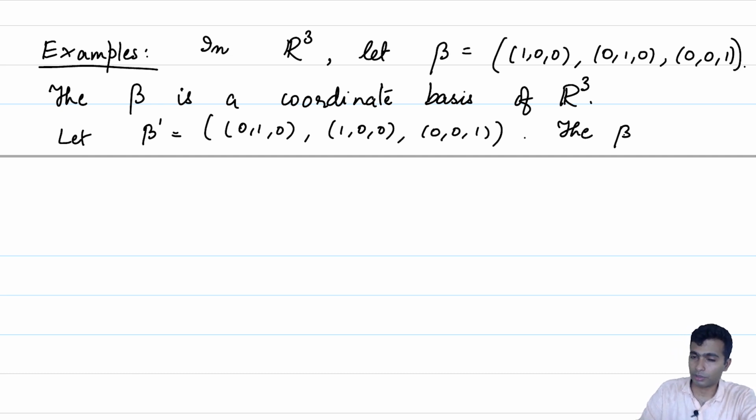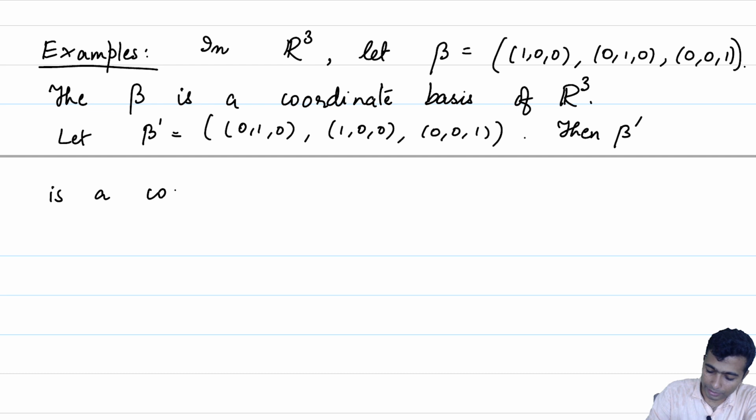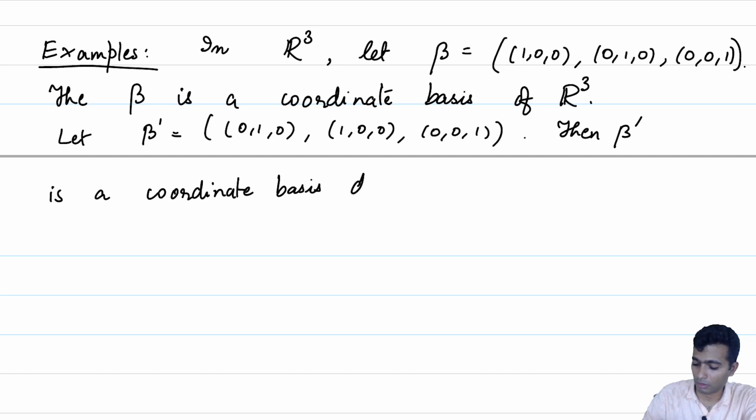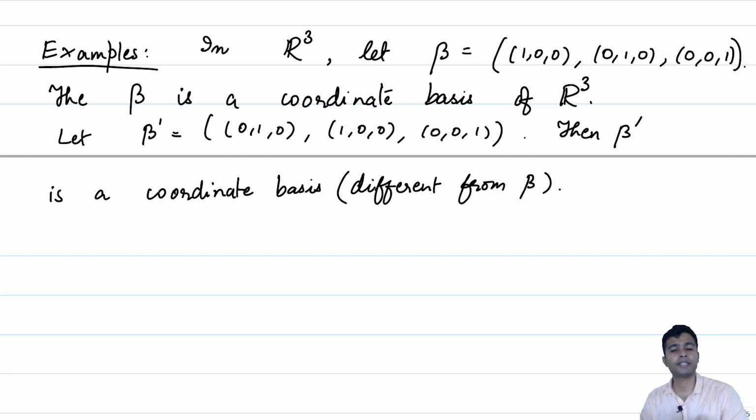However, we are not just looking at it as sets, we also have an order of the vectors in mind, and therefore beta prime is a coordinate basis. It's not just a coordinate basis, it's a coordinate basis which is different from beta. We just change the order and we still treat it as a different ordered basis.